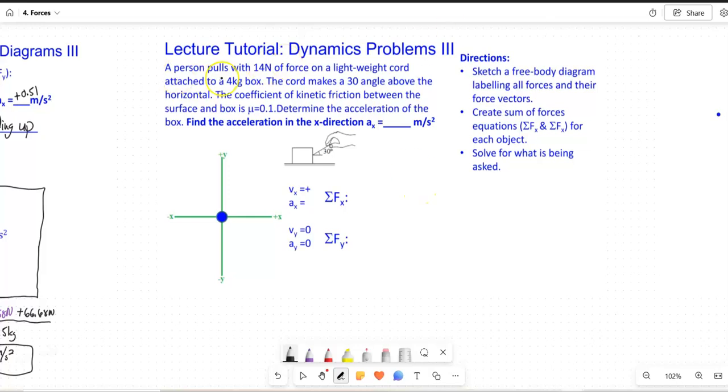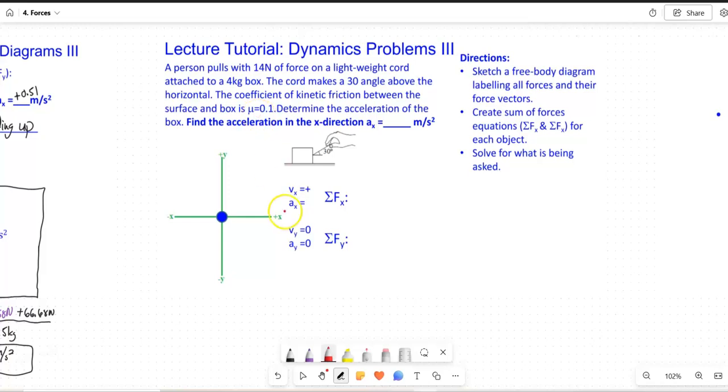So right here it says a person is pulling with 14 newtons of force. So this must be pulling a rope with 14 newtons of force on a lightweight cord attached to a 4 kilogram box. The cord makes a 30-degree angle above the horizontal. There is friction present.